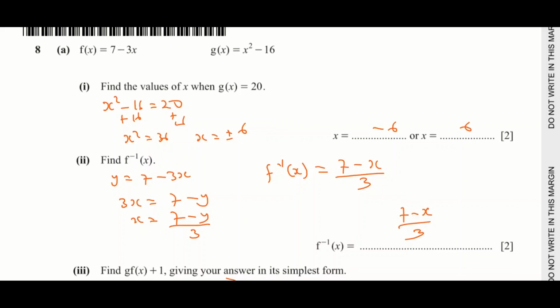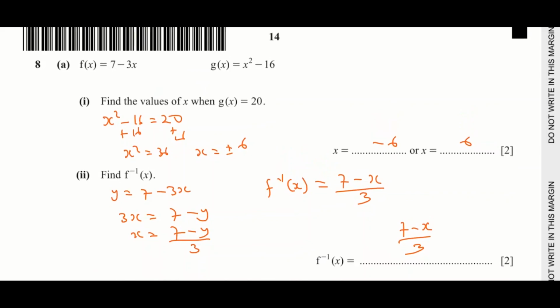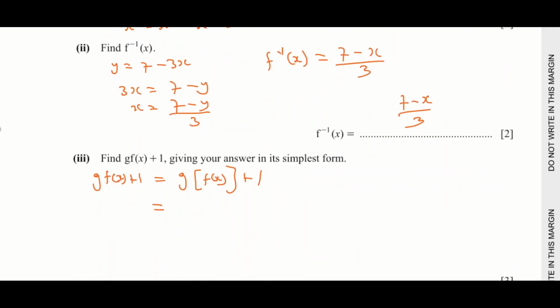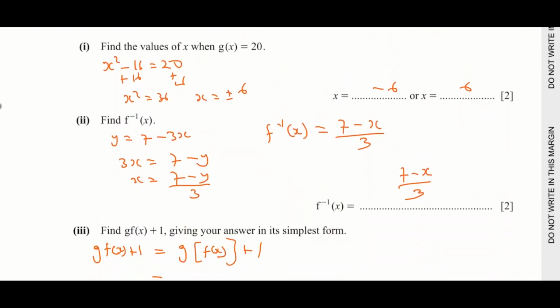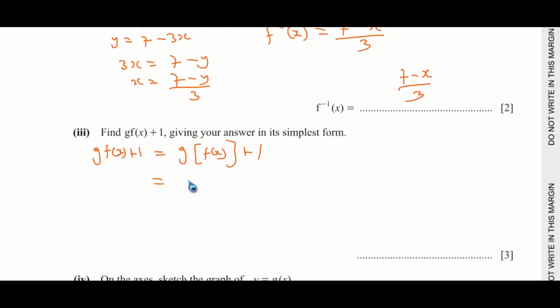This is not a programming class. f of x is equal to 7 minus 3x, then g of x equals x squared minus 16. So instead of x squared, I will have 7 minus 3x, so this is f of x passed into g of x, then squared, then minus 16, so plus 1.